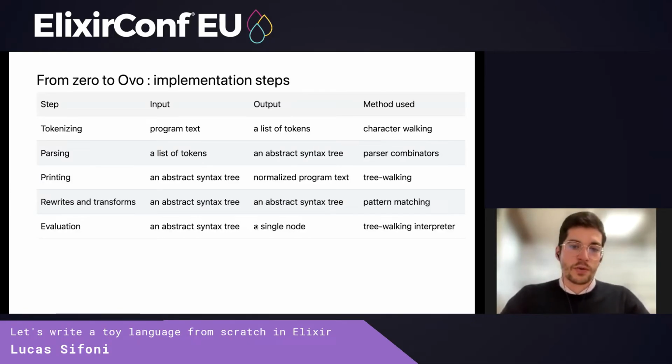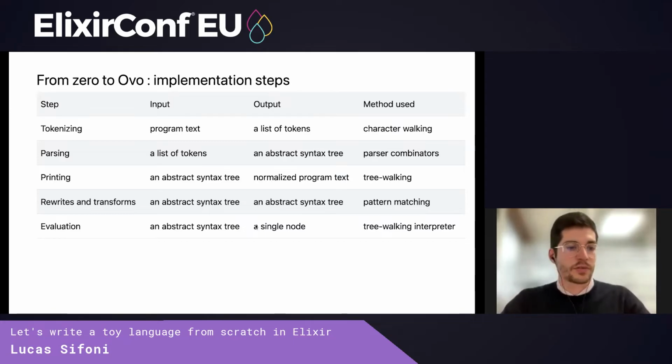So to get to execution, I followed five big steps. The first step was tokenizing my input to get from program text to a list of tokens by working characters recursively. Then I parsed that list of tokens into an abstract syntax tree that represents the program with parser combinators. Then I worked on a little printer that goes back to the text form of the program by working that tree.